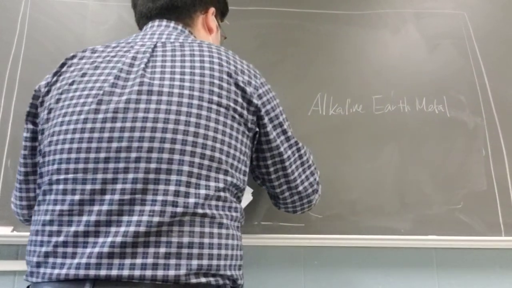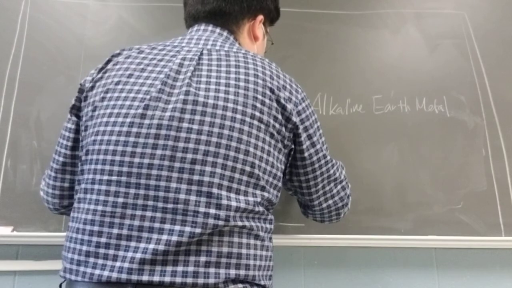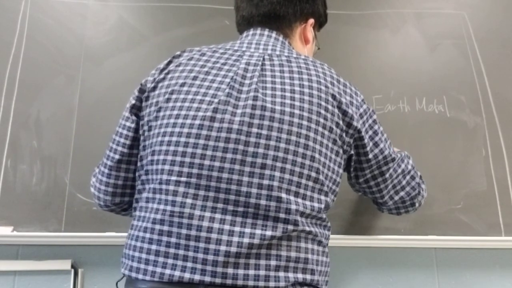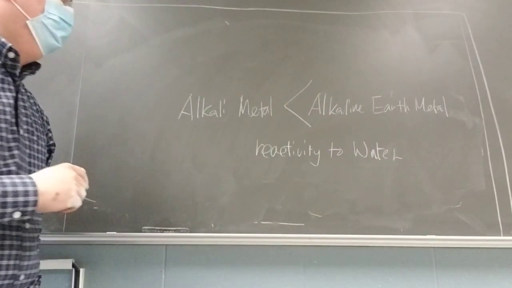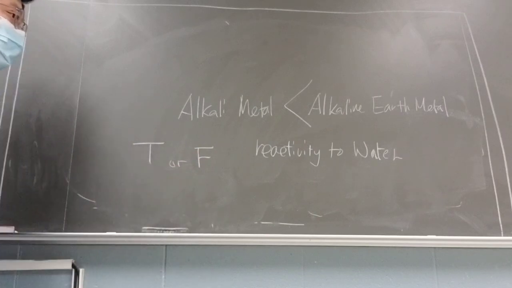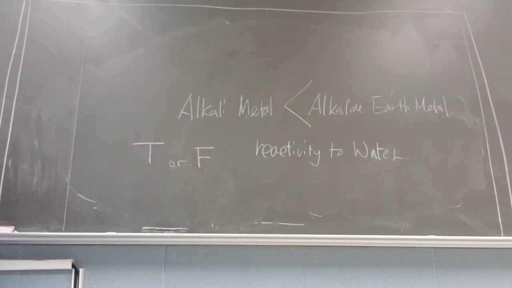The reactivity to water. And how about this one? True or false? It says alkaline earth metal is more reactive to water than alkali metal. Is it true or false?